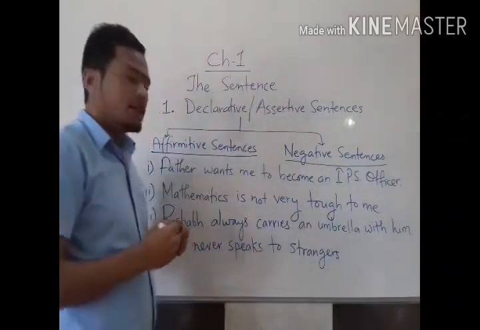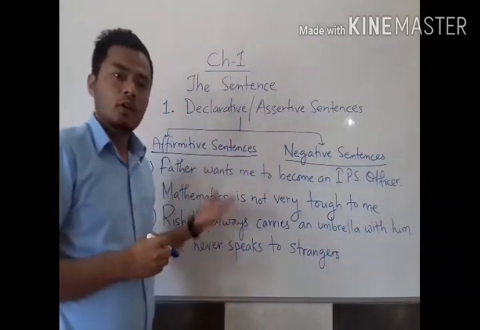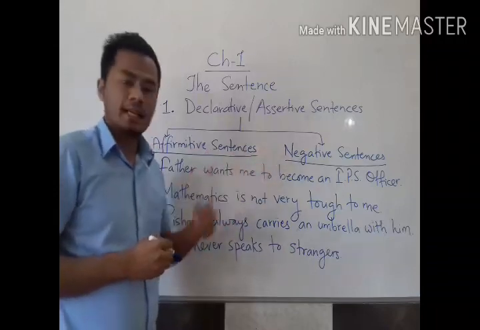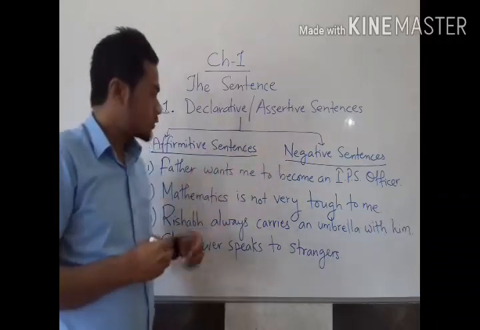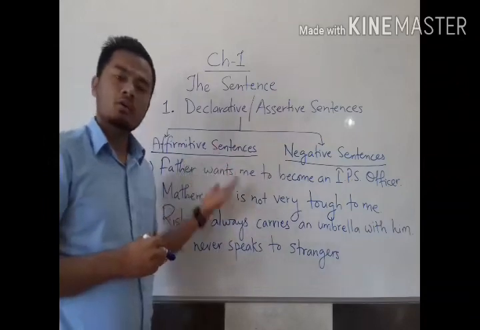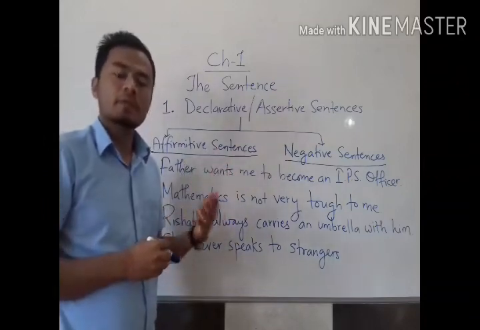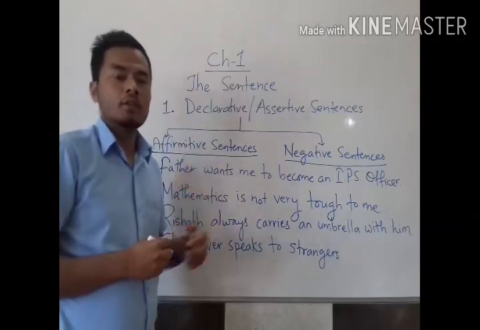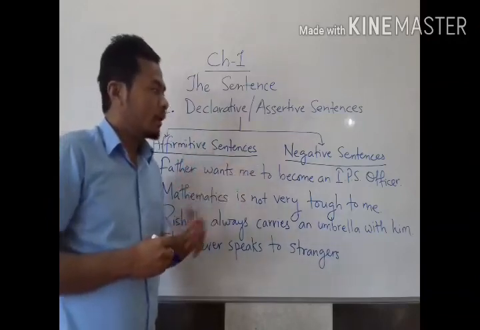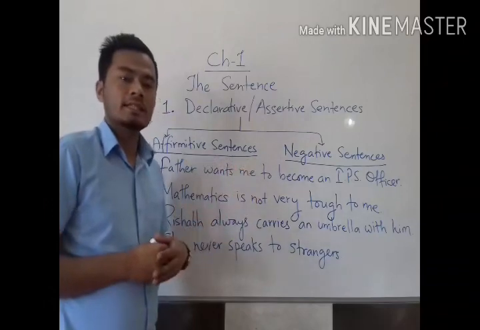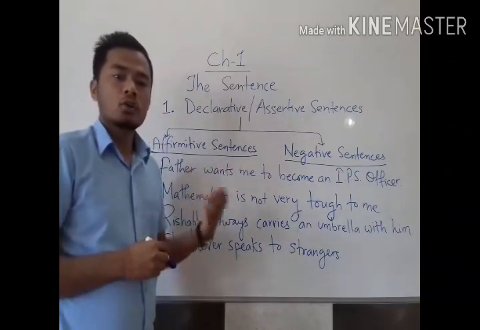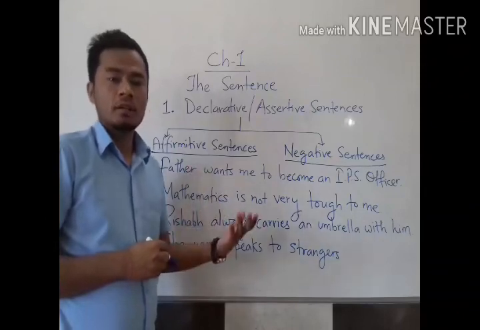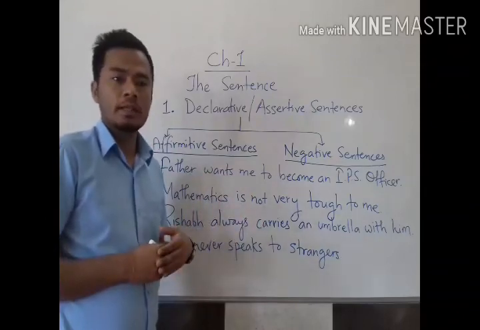Affirmative sentences are also called positive sentences, because they give us positive information. But negative sentences contain words like no, not, none, never.